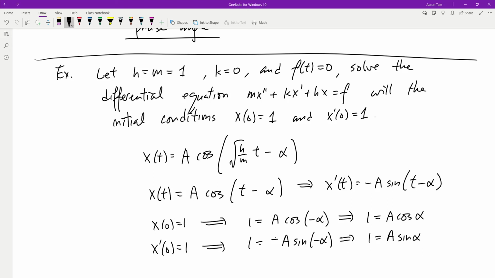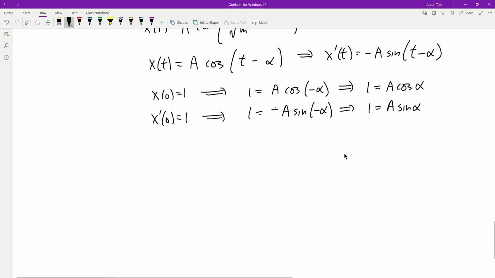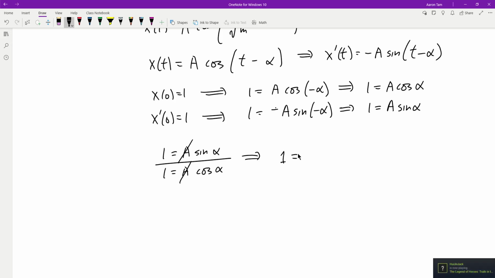So how do I do that? The easiest way is to divide them. I'm going to take 1 equals a sine alpha and divide that equation by 1 equals a cosine alpha. To do that, a will cancel out, leaving you 1 equals sine alpha over cosine alpha, which technically speaking is tangent alpha.